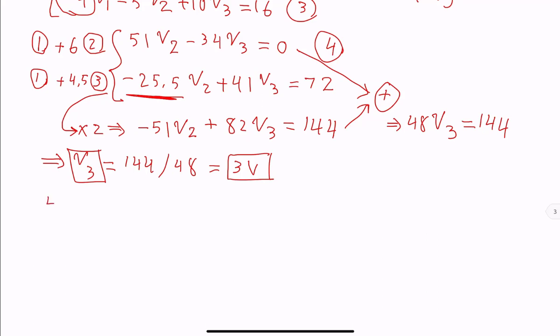Using equation 4, V2 is equal to 34 V3 divided by 51 gives us 2 volts.